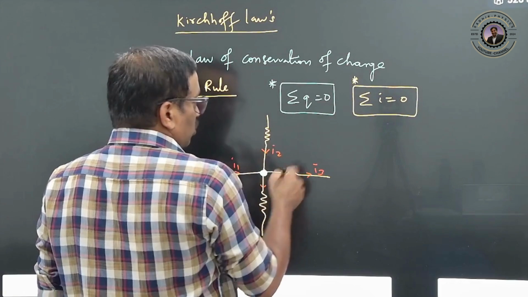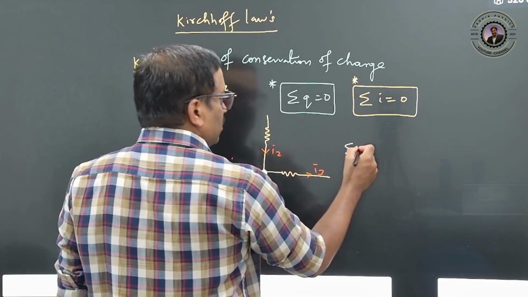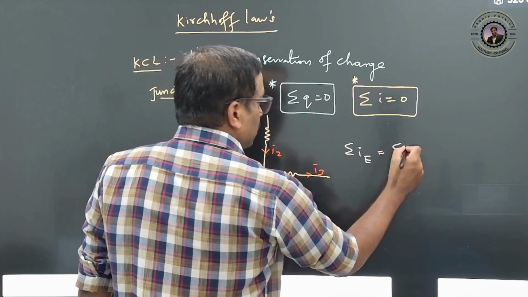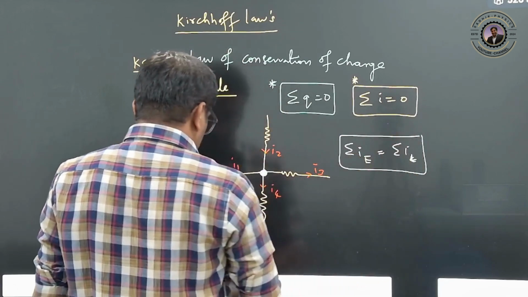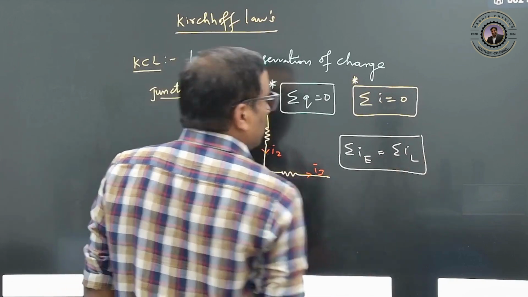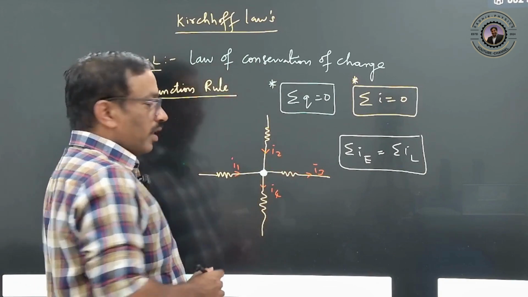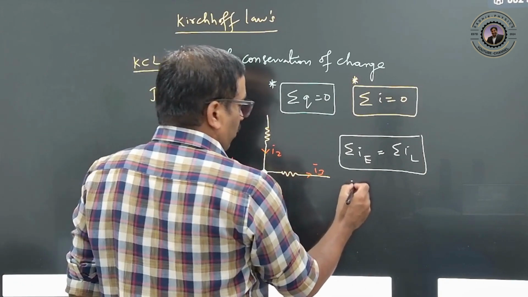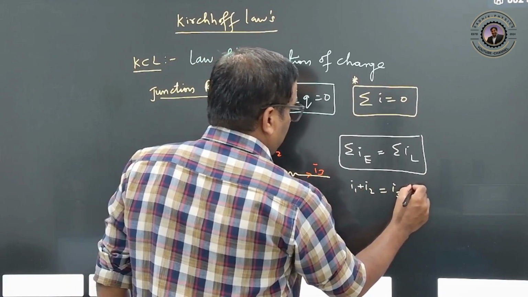That means the total sum of the currents entering equals the sum of the currents leaving. Clear? So the currents entering and the currents leaving are equal. Therefore I1 plus I2 can be written as I3 plus I4.